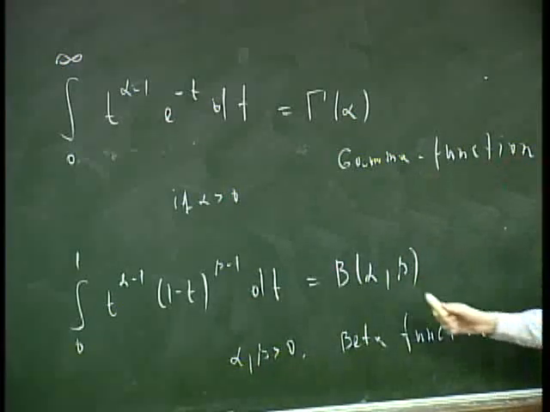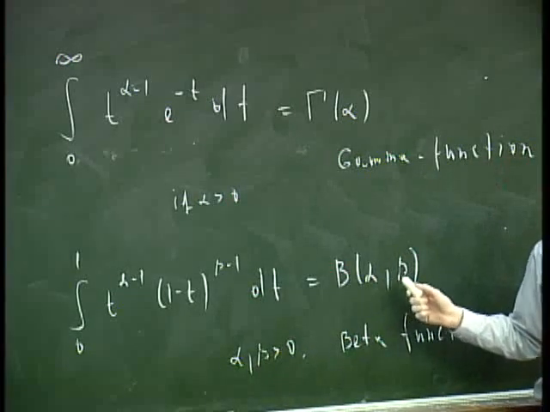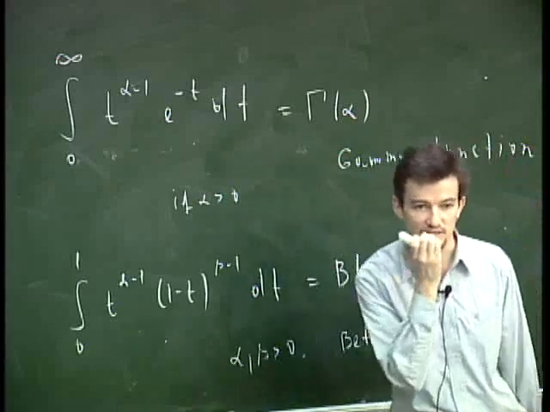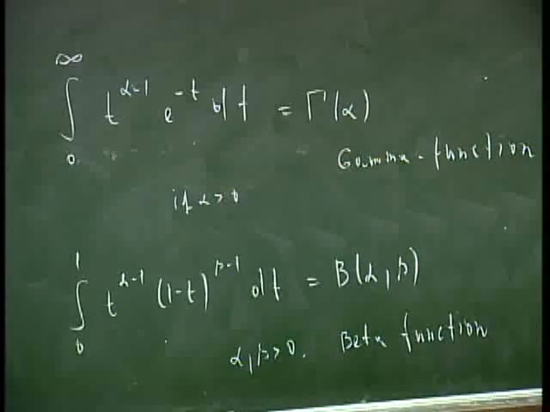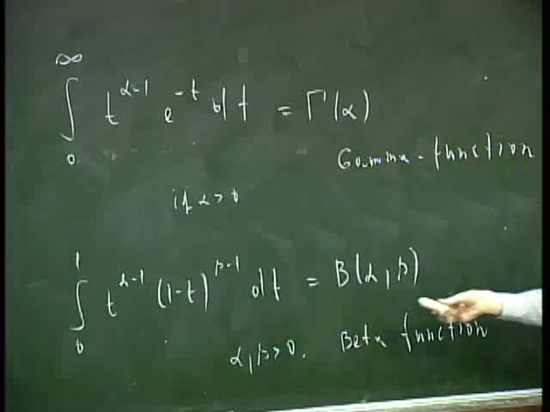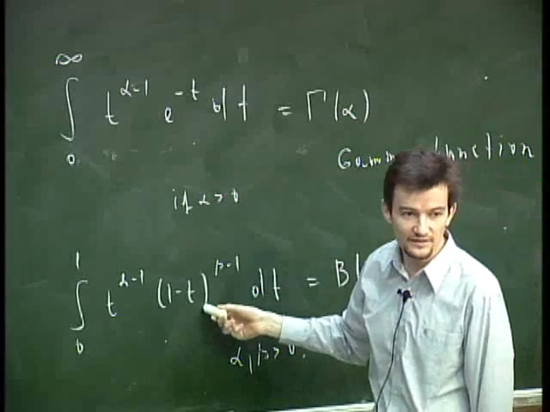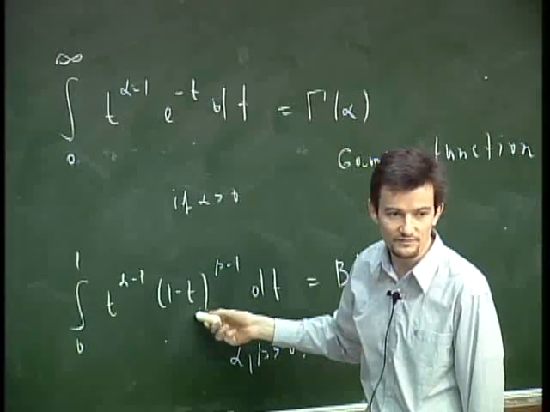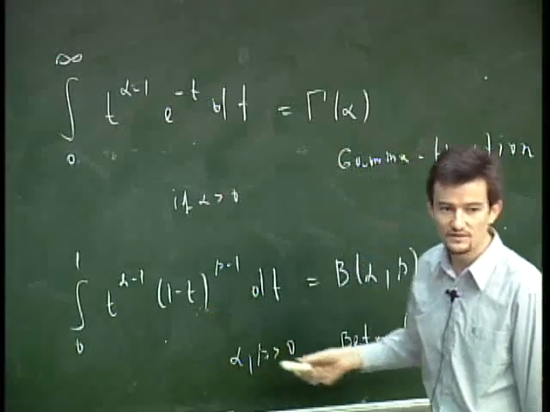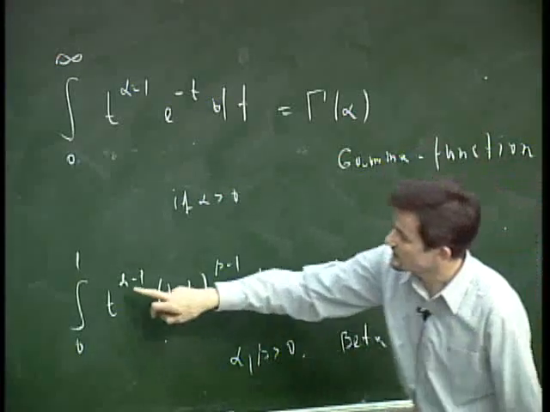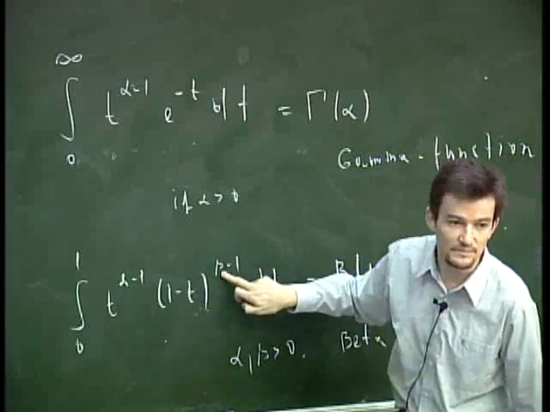So if you have two variables, alpha and beta both larger than 0, we define a function like this here. Both functions are important in probability theory. You will recognize this from today's in-class homework. The example was this function here, where alpha is a plus 1 and beta is b plus 1.